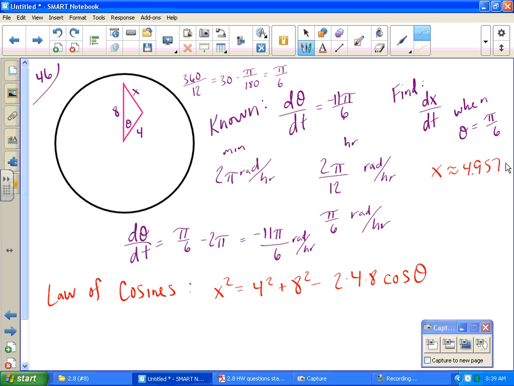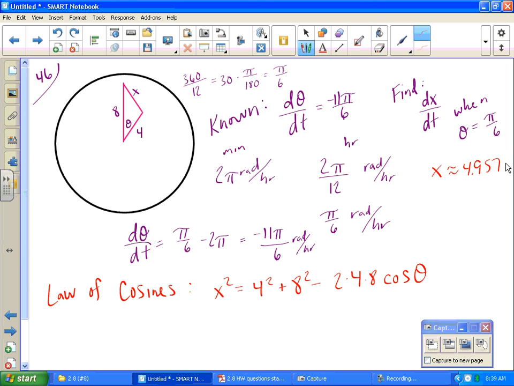You guys all got different answers? Okay, how many people got the 4.957 thing? Okay, we're going to go with that. Who got 3.72? Okay, I'm going to go with the 4.957 and assume that that's right.